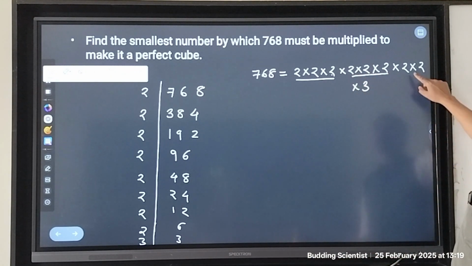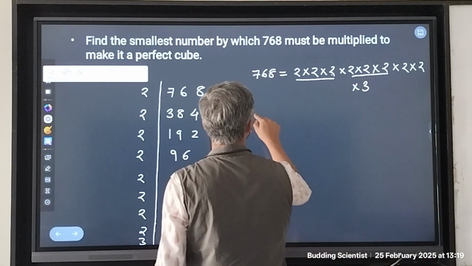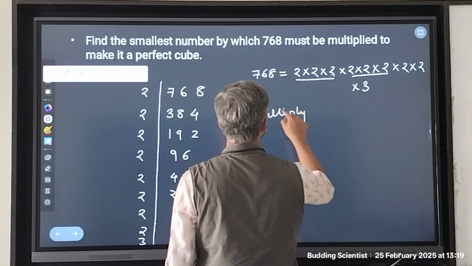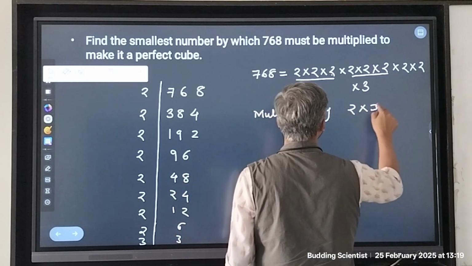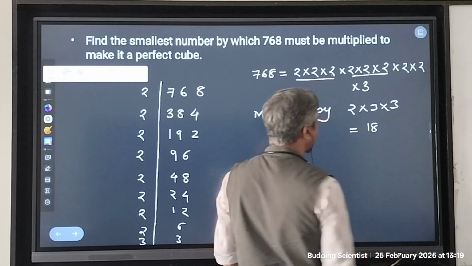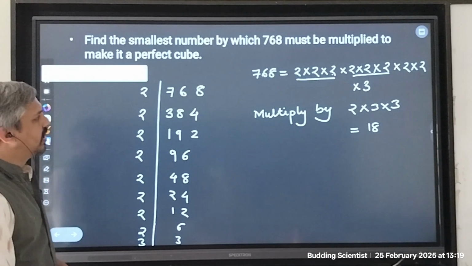So it will be multiplied by 2 and 2 3s. It has to be multiplied by 18 and we would get the perfect cube.